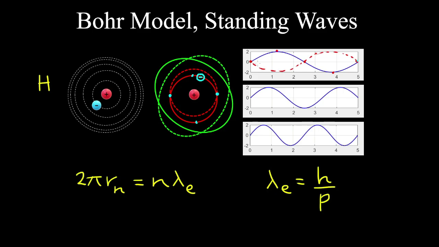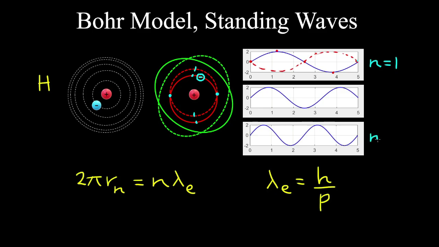And after some time, our standing wave looks something like this. So from this node to the next one, we have the valley, and if we continue on to the next node, we have the peak of the standing wave at this point in time. So this is for the first orbit.